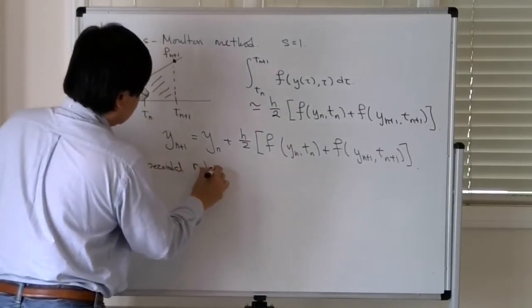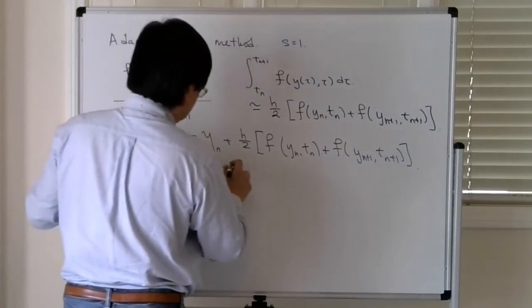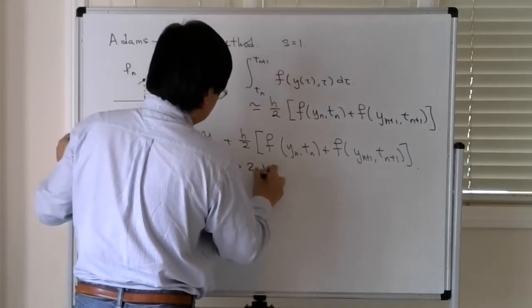So the trapezoidal rule is what is called the Adams-Moulton method in the case s is equal to 1, and if you recall, this is second order accurate.